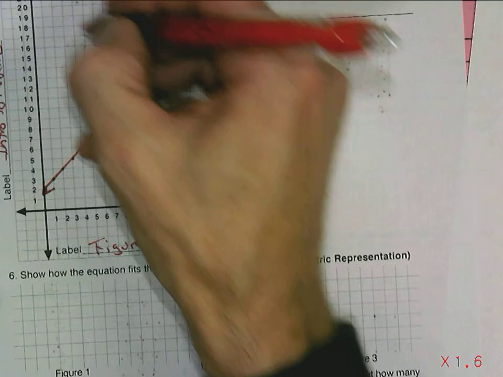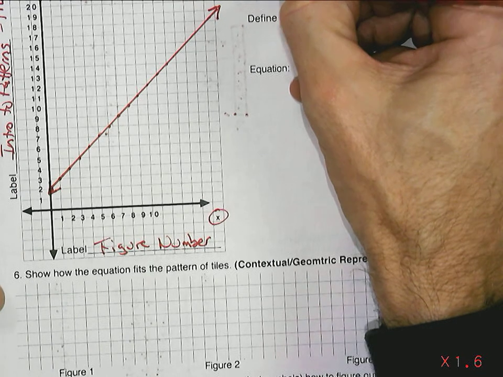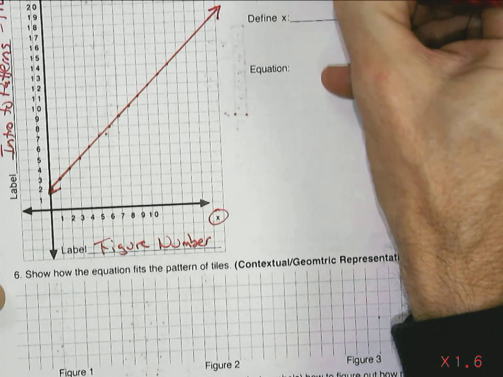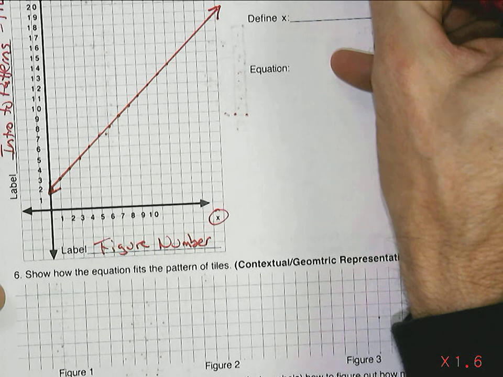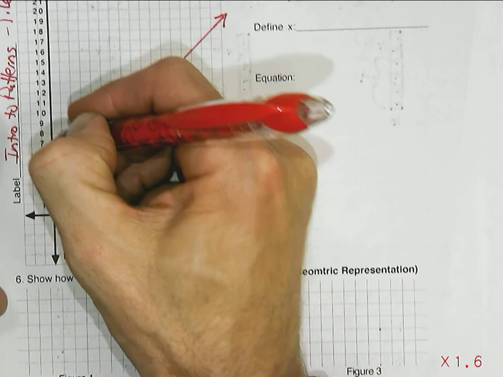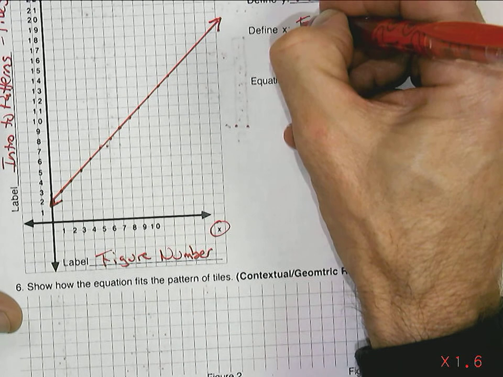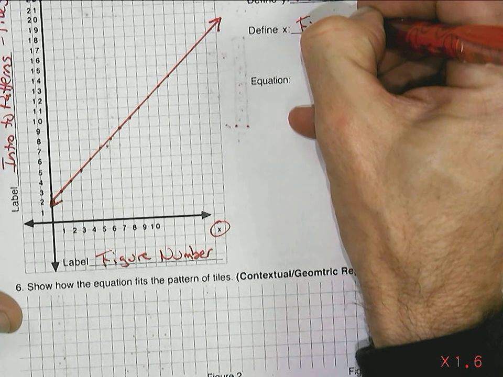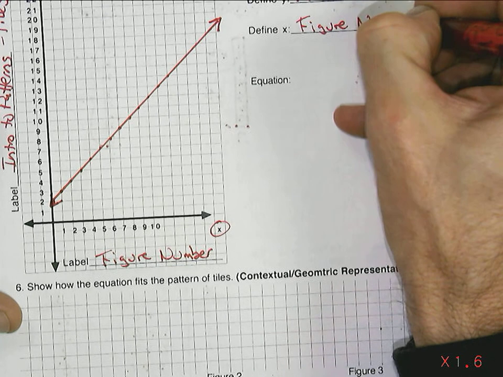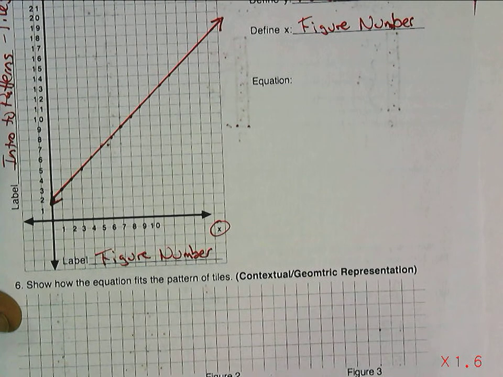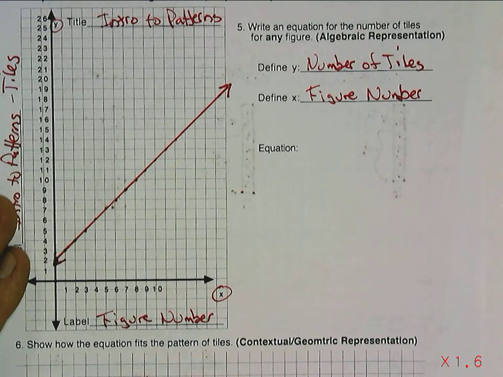So y is the number of tiles in any particular figure. That's our variable on this side. And x is the figure number. So we're going to use the figure number to help us predict the number of tiles for any figure in this pattern.